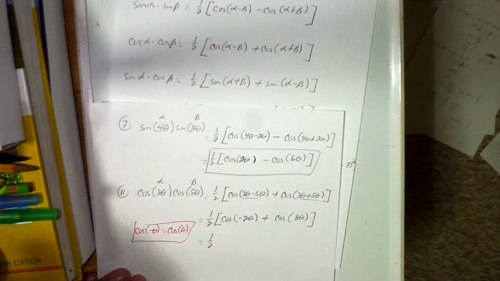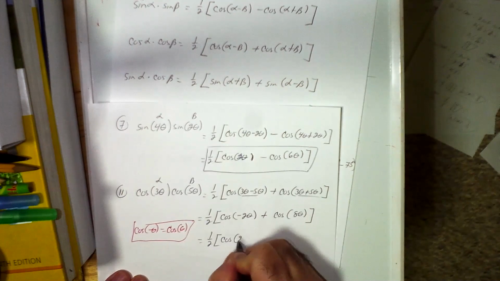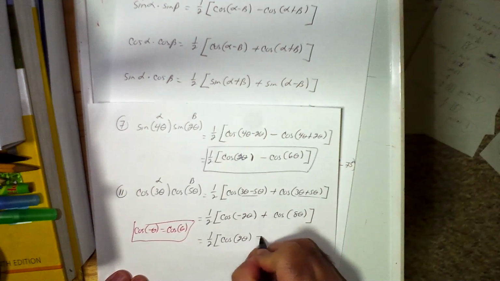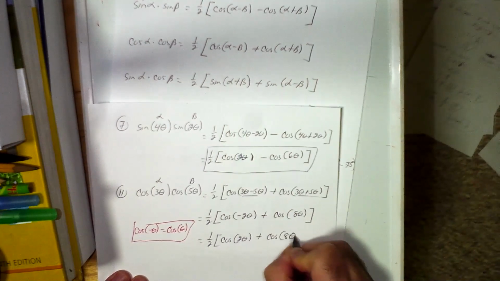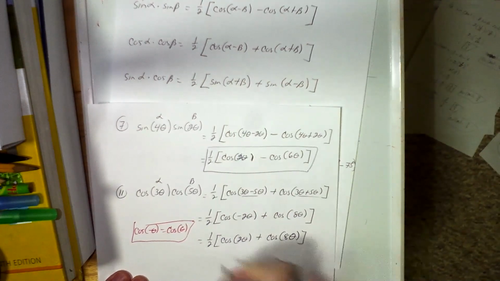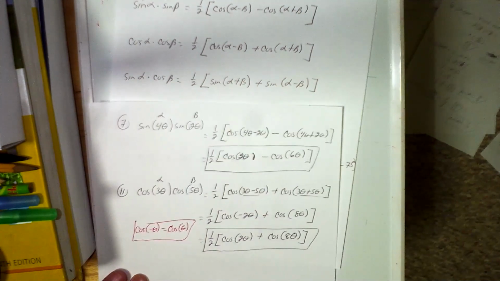So that's what happens to the negative. It goes away. So that leaves us with cosine 2 theta plus cosine of 8 theta.